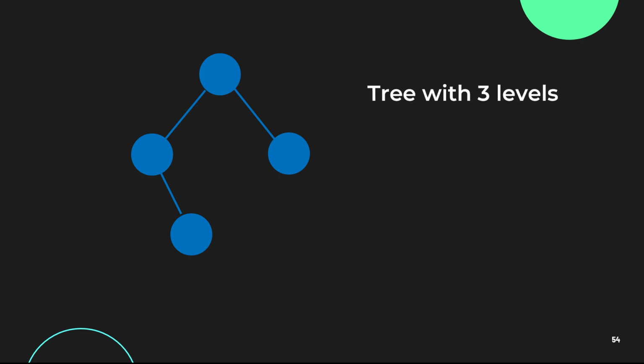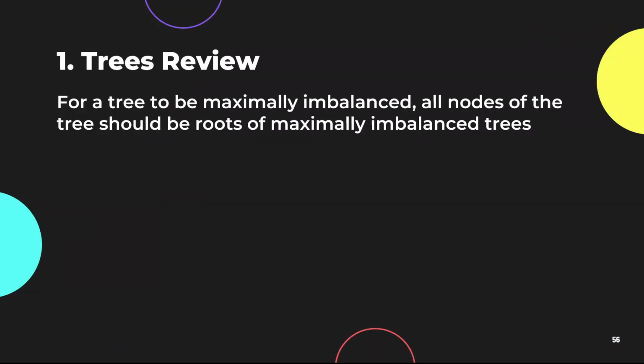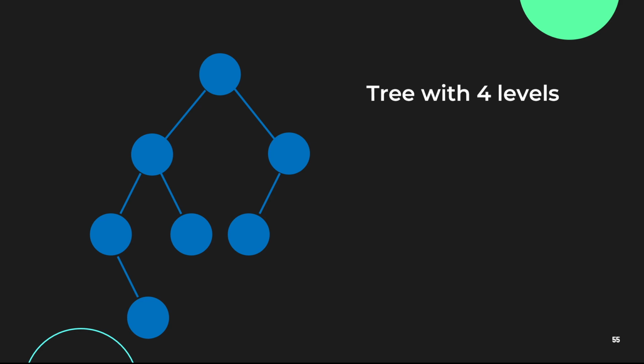So I want you guys to try to remember the patterns here. This one is for 2 levels, 3 levels, and 4 levels is something like this. So how do we find the minimum number of nodes? One key idea here is that for a tree to be maximally imbalanced, each of the nodes should be a root of a maximally imbalanced tree. Why is that so?